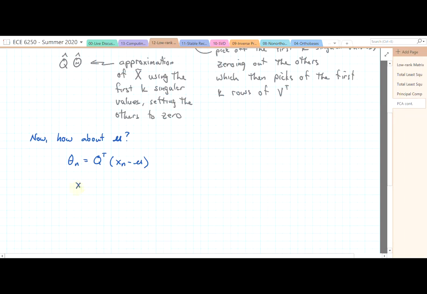And we have x_n minus mu minus Q theta_n is equal to x_n minus mu minus Q Q transpose (x_n minus mu), which is just equal to (I minus Q Q transpose)(x_n minus mu).